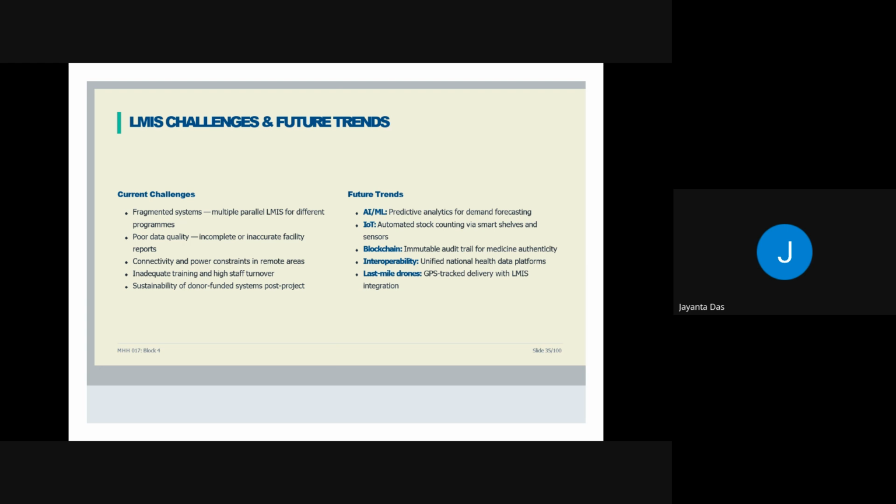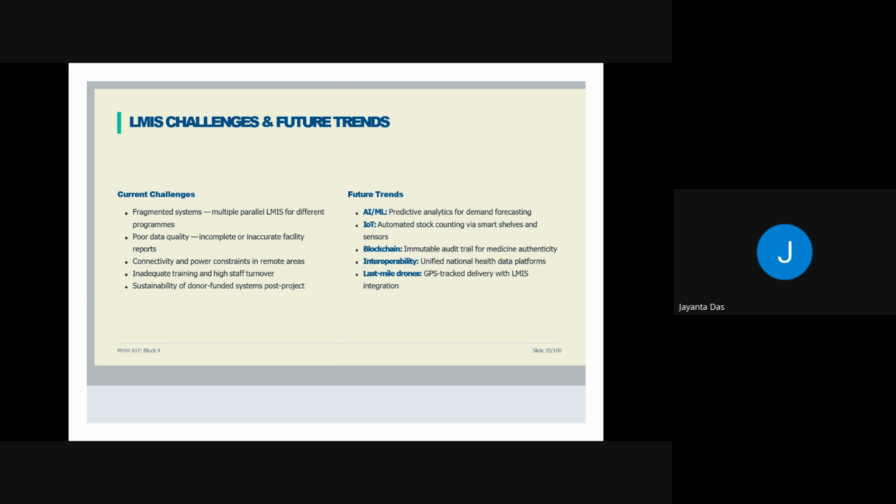Our people in this process need to pull themselves up, increase their capacity, do more training, and improve upon connectivity and power constraints in remote areas, inadequate training and high staff turnover, and sustainability of donor-funded systems post-project.